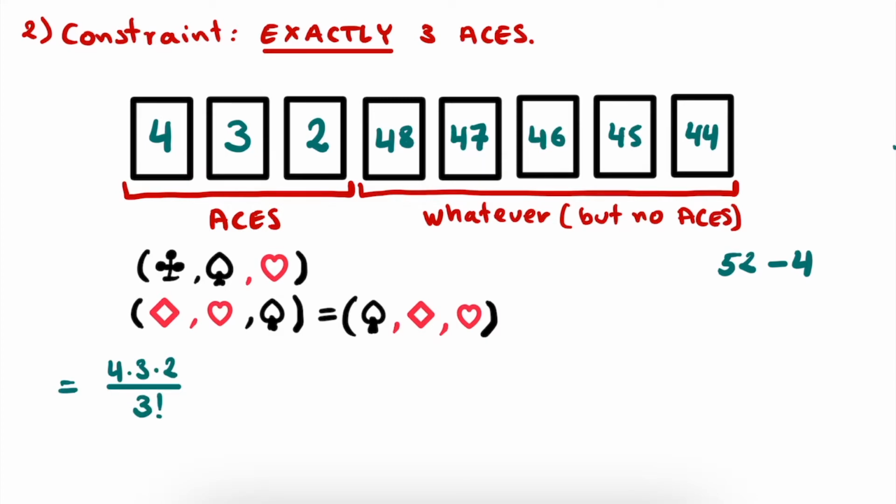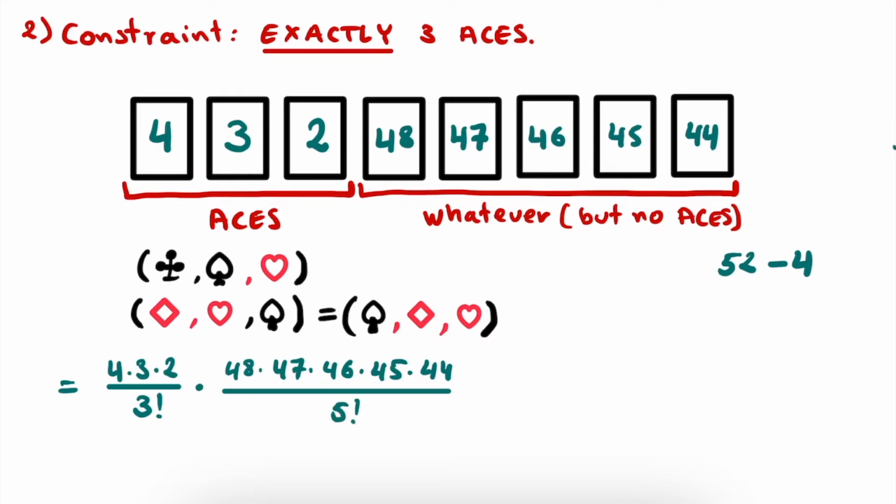This is exactly 3 factorial ways. And then we multiply this with the number of combinations of these remaining 5 cards. This is of course 48 multiplied by 47 multiplied by 46 times 45 times 44. And taking into account that the order does not matter, we have to divide this by the number of possible ways in which we can shuffle around 5 cards.